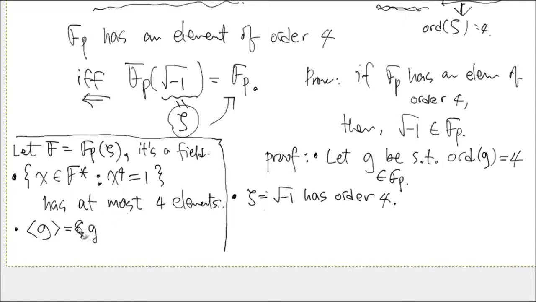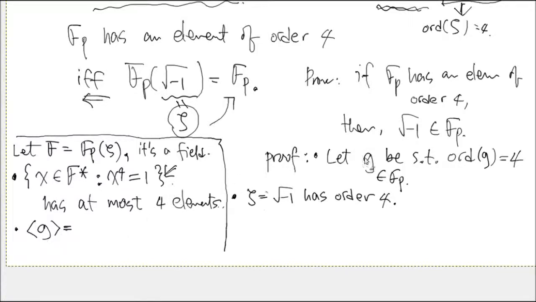The bracket G: how many elements are there? This is not the collection of order 4 elements, right? This is a collection of elements whose order divides 4. Think about order 2: if it is squared, it's already 1, and the 4th power is still 1. So this is a collection of all elements of order dividing 4.